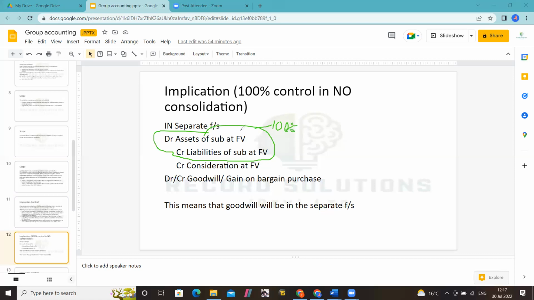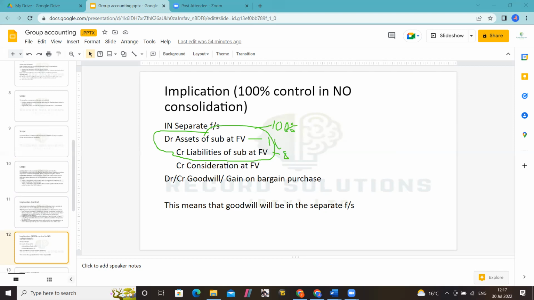So let's say here maybe you had assets of 100,000 and liabilities of let's say something like 80,000. Do you see now these are the identifiable assets and identifiable liabilities? If you say assets minus liabilities, what is that? Net assets.